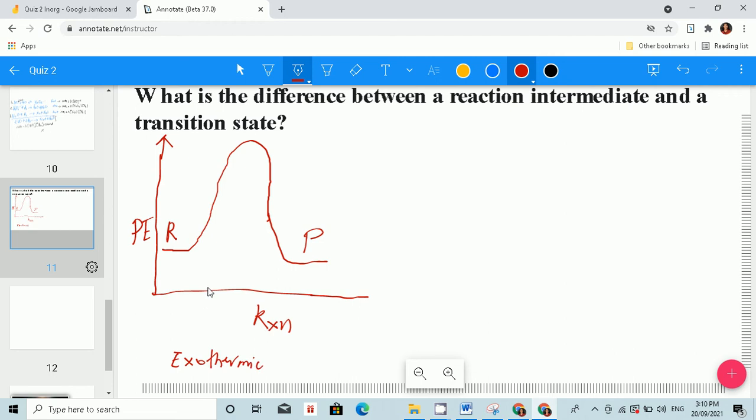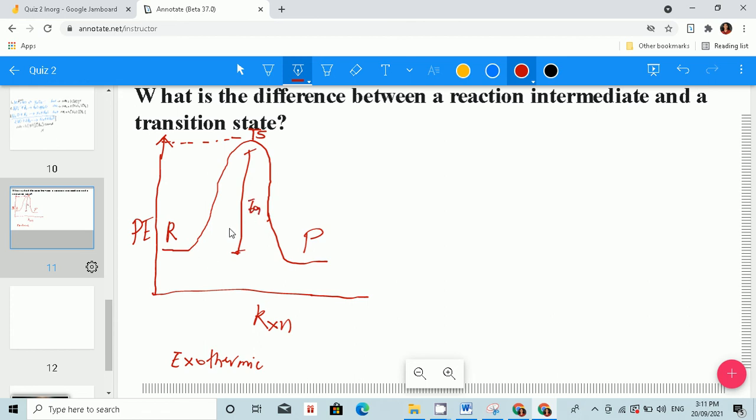Now, the difference: the molecule that has reached its highest potential energy is the transition state. Here we have the energy of activation.